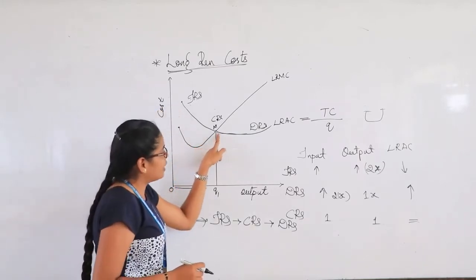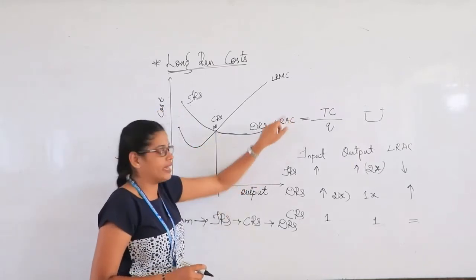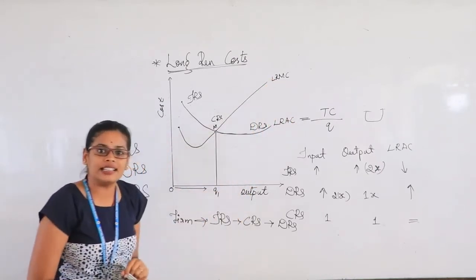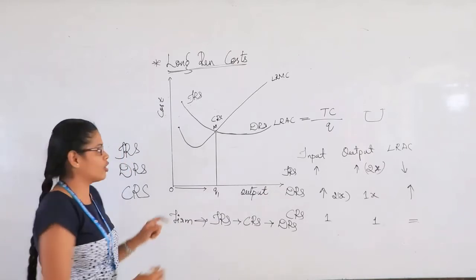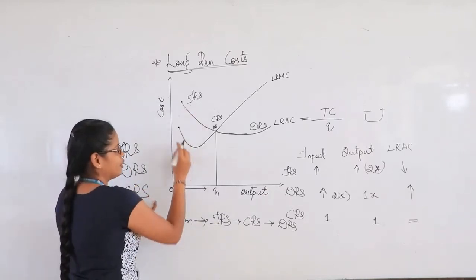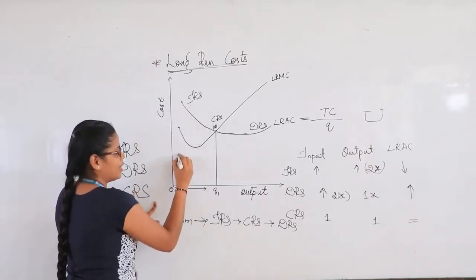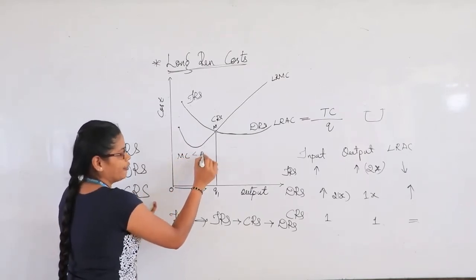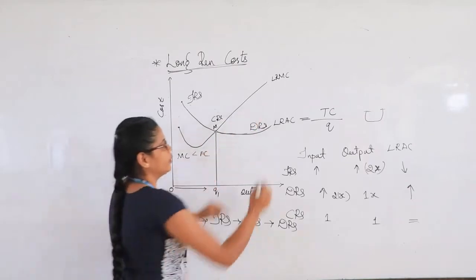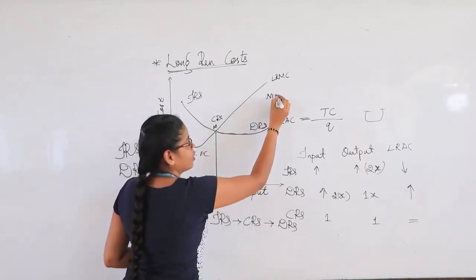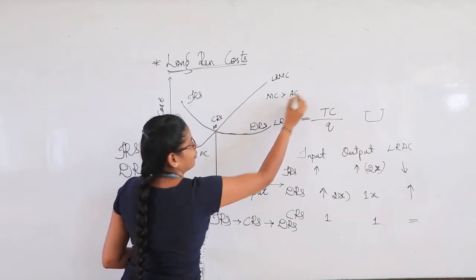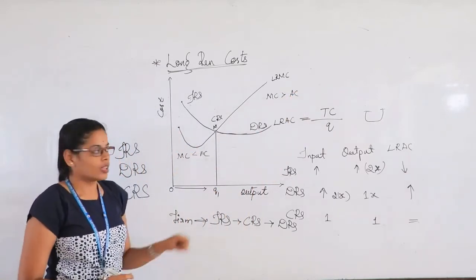But when the average cost is increasing, you can see here the marginal cost is greater than the average cost. You can see here, right? Here marginal cost is lesser than the average cost, but here marginal cost is greater than the average cost, right?